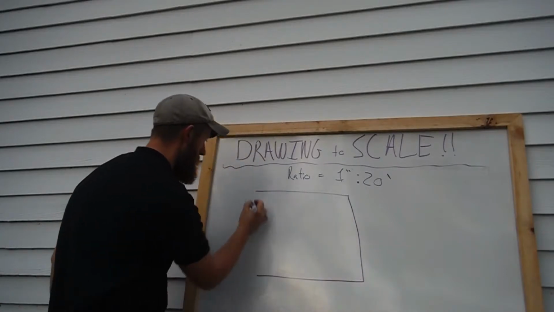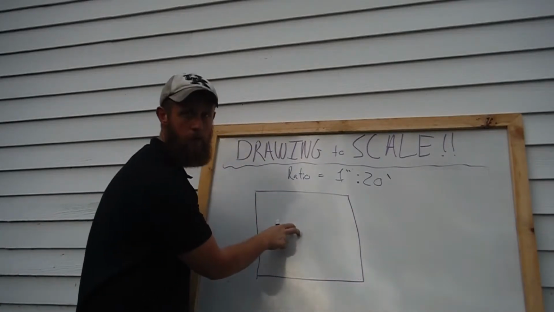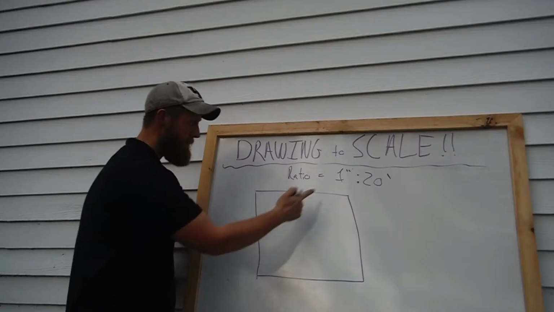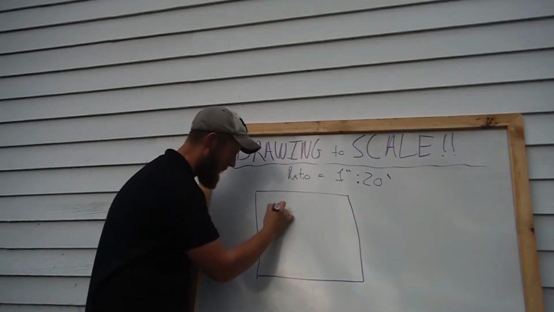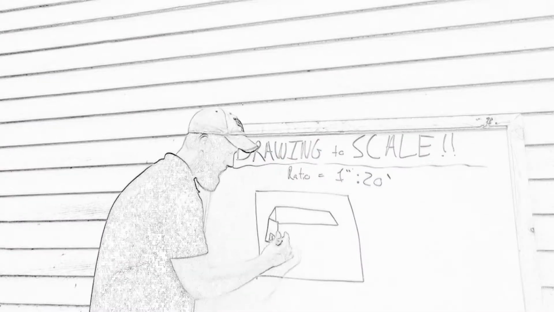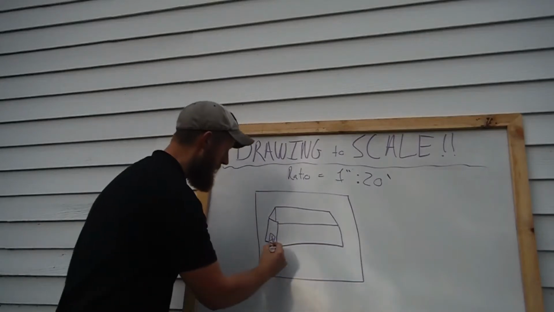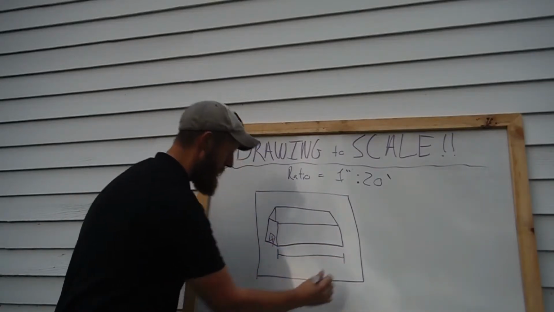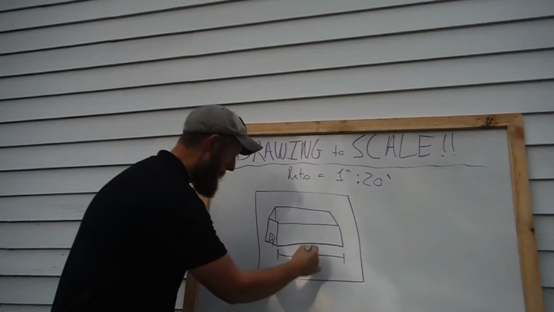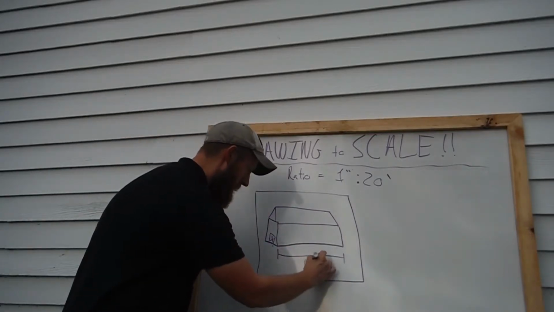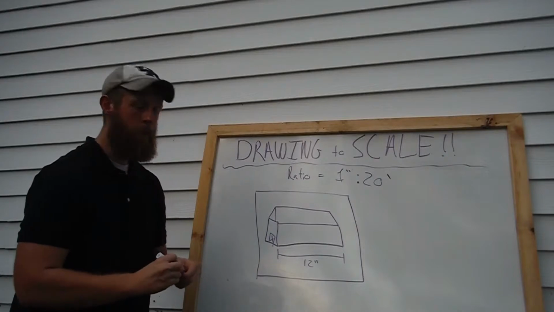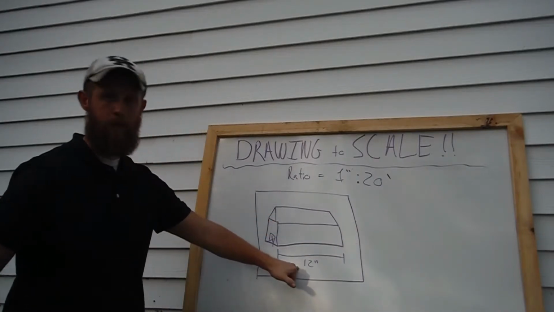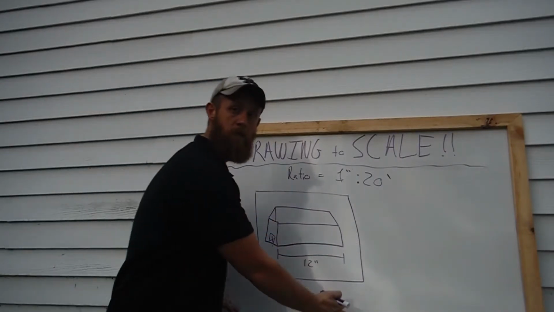Now this sheet of paper is where we're going to draw our plans. Let's say we're going to draw a barn. On our plan here, work with me here, that's probably close to a foot. So on our plan, we've drawn up that the length of the barn is about 12 inches on a piece of paper.